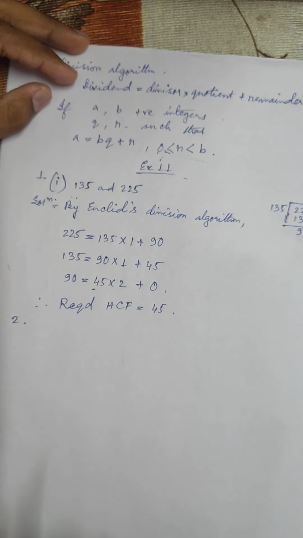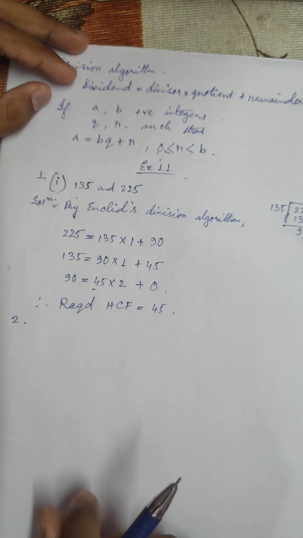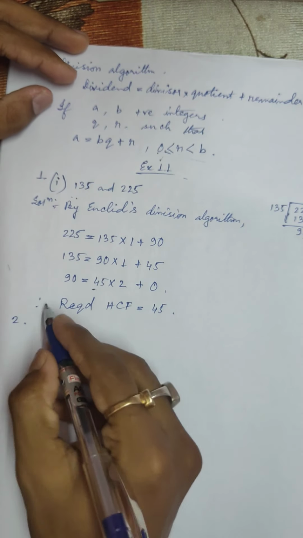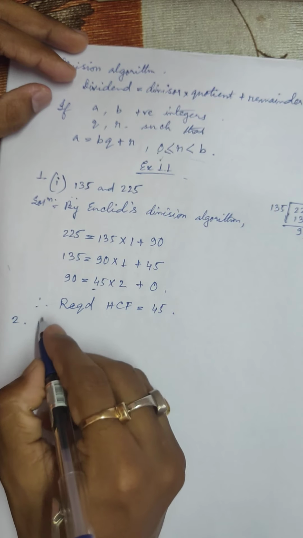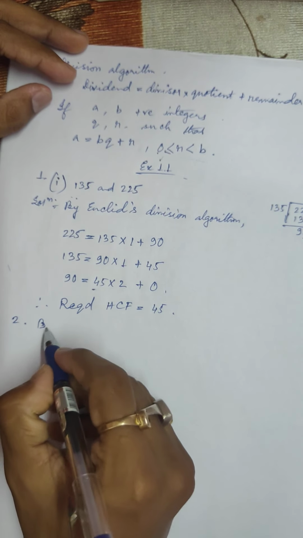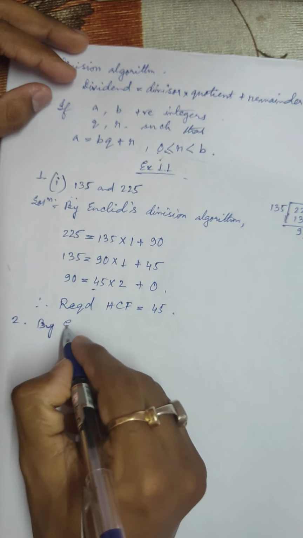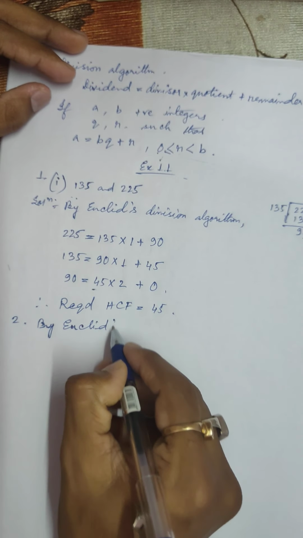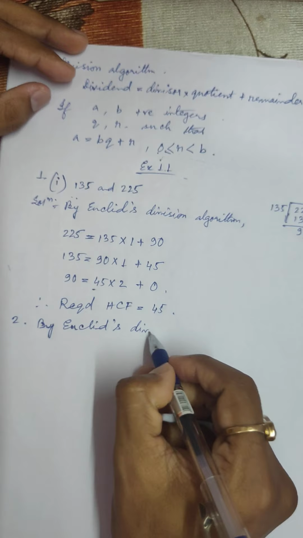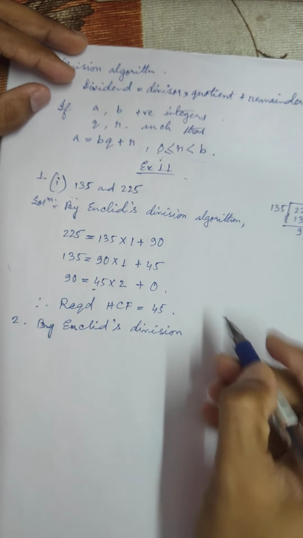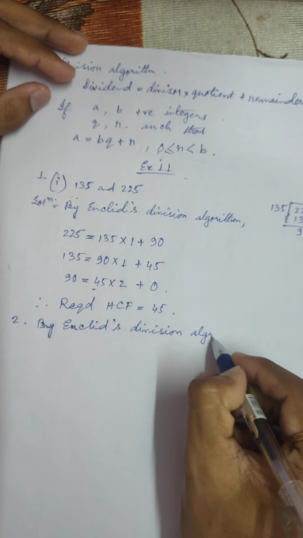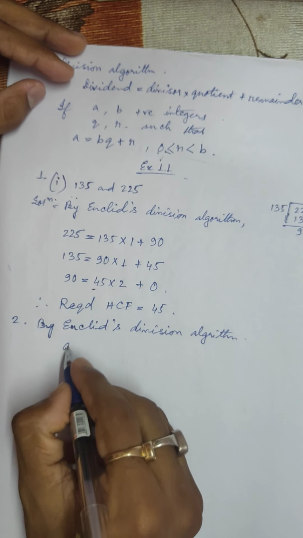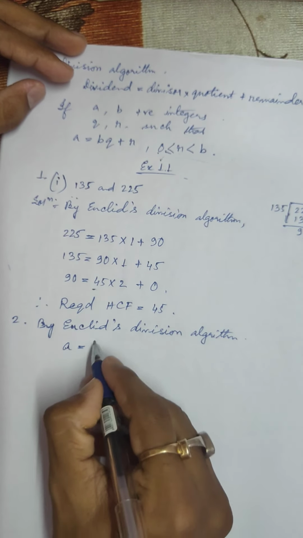So here you note that in the question you are asked to show that any positive odd integer is of this form. So by Euclid's division algorithm, we shall consider a equal to 6q plus r.